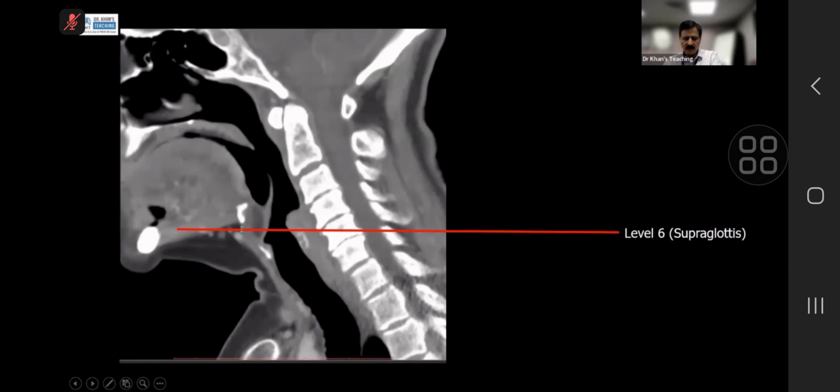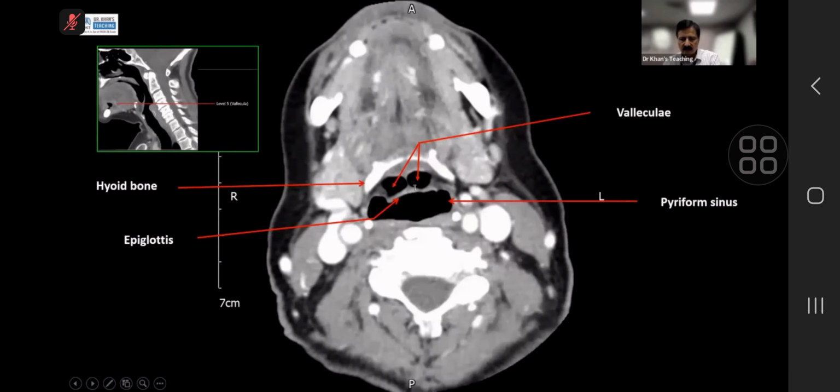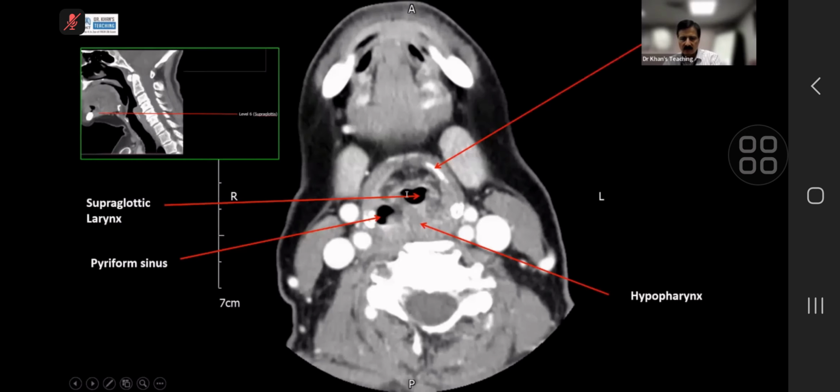So now we are going through this fat, right? This is the epiglottis, and we are going through it. And what has changed? You can see that there is fat here, low density. Hyoid bone is visible. And if I go back, the previous slice was this one, glossoepiglottic ligament, valleculi. Now this slice converts it into a single airway. This is supraglottic larynx.